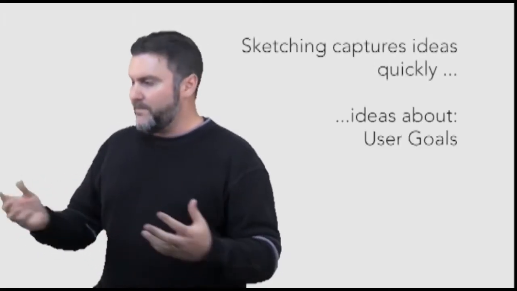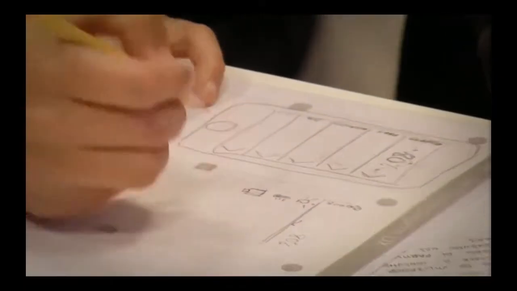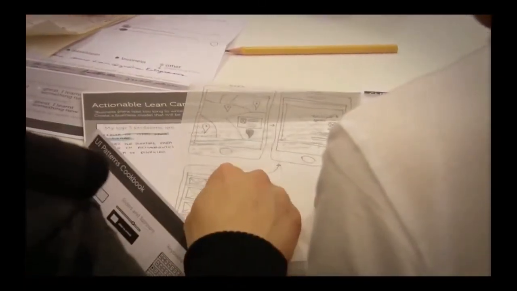Now we're going to take a look at our users and, for instance, the existing products they're using. This is where the first type of prototyping can come into play, and that's sketching. We can sketch with paper and pencil, on a whiteboard, or on a napkin in a restaurant, just about anywhere, to get ideas down quickly.